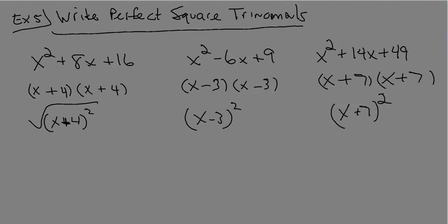Given this example 5, x squared plus 6x, I have to write the third term. How do I figure out how to write the third term?